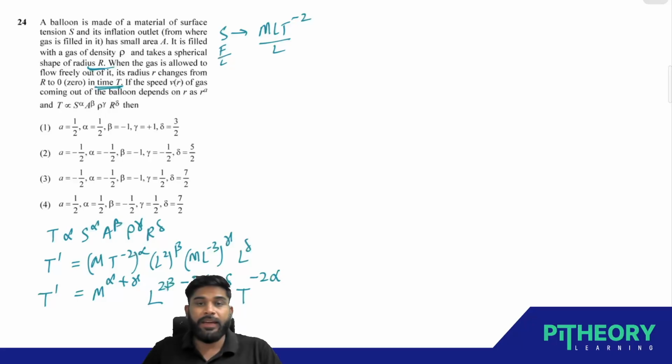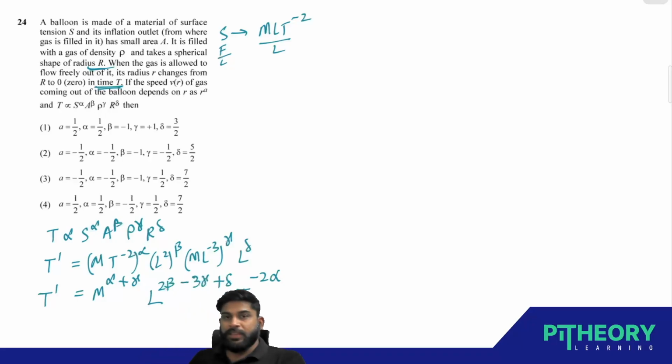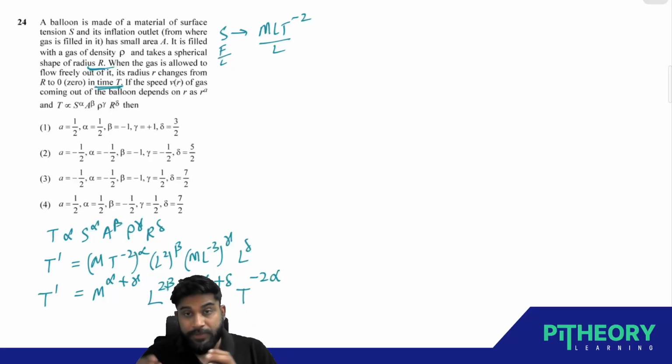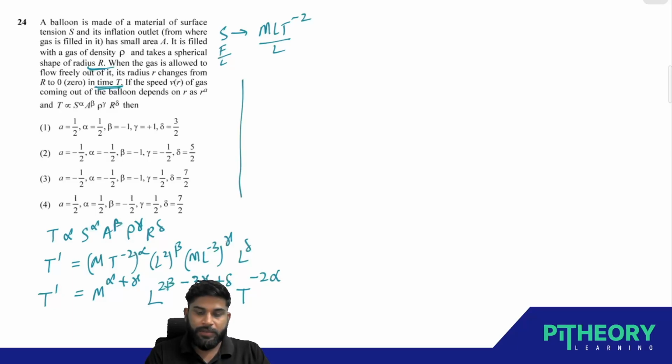So the left hand side and the right hand side, if we compare, what are you going to get? So obviously we can write a few things here. Since the left hand side, if I elaborately write, is M to the power 0, L to the power 0, correct? So if I compare the power of mass, what am I going to get? Here you get alpha plus gamma equal to 0.